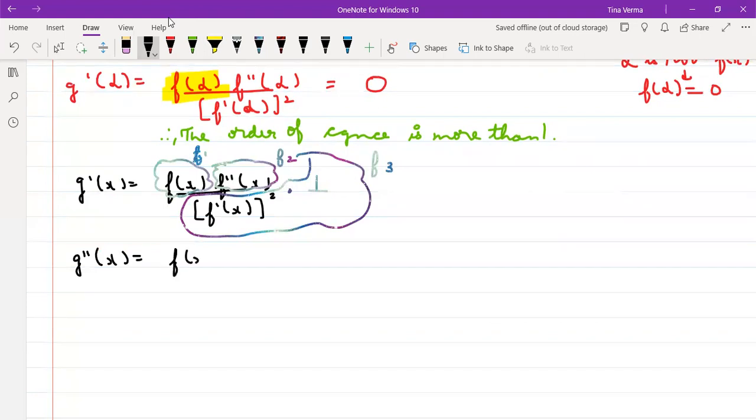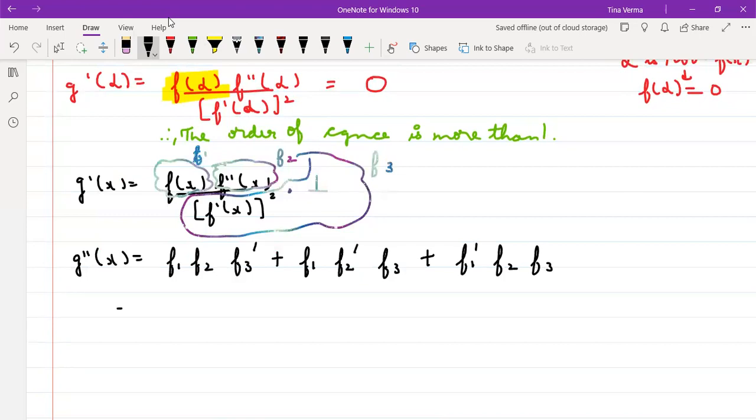So the first will remain as it is, second will remain as it is, you take the derivative of the third, f3 dash. Then f1 remains as it is, you take the derivative of the second, f3 as it is, then you take the derivative of f1, f2 and f3 as it is. So f1 is f of x, f2 is f double dash x, and for f3 I am just writing it with the prime, that is 1 upon f dash x whole square, because I need not calculate this.